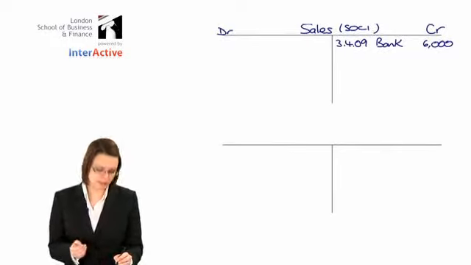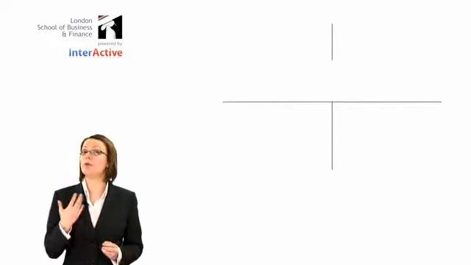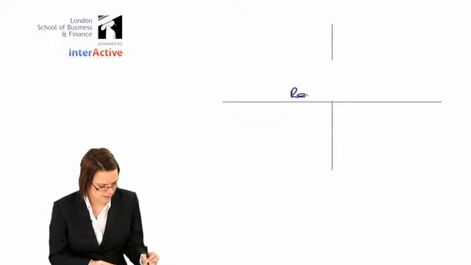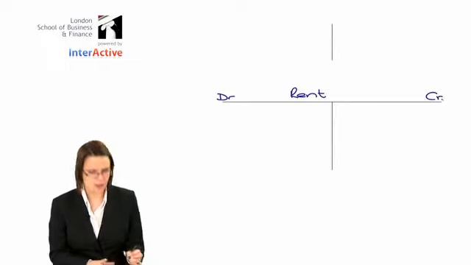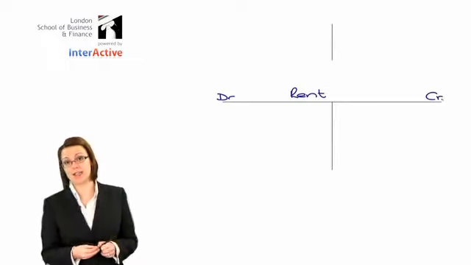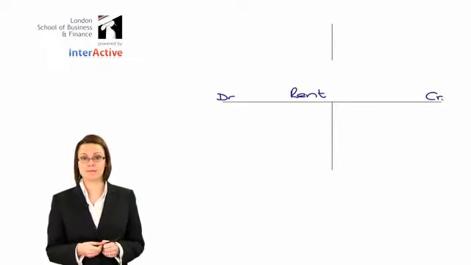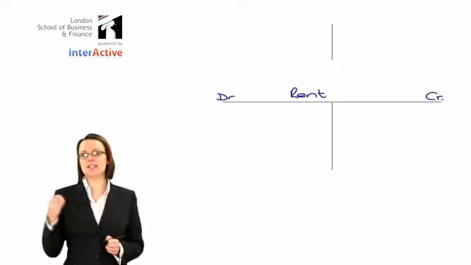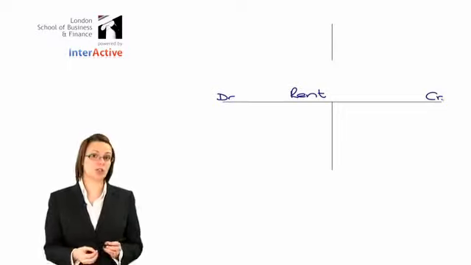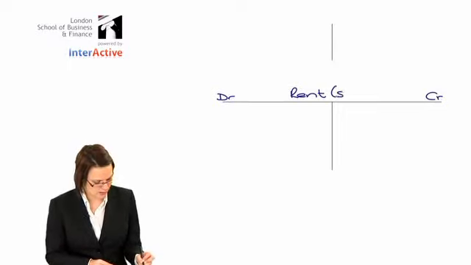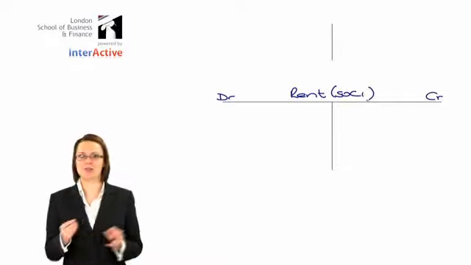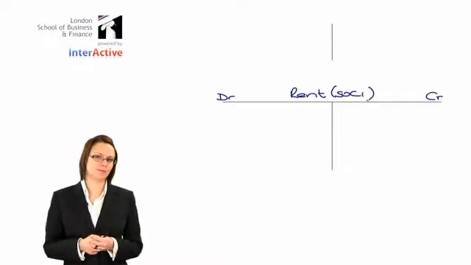So just after our sales account, we're going to open up a new T account called rent. And again, just noting the debit and the credit entry. Rent then, remember, is an expense. An expense gets recorded in the statement of comprehensive income. So again, we'll just write SOCI there to abbreviate that down.